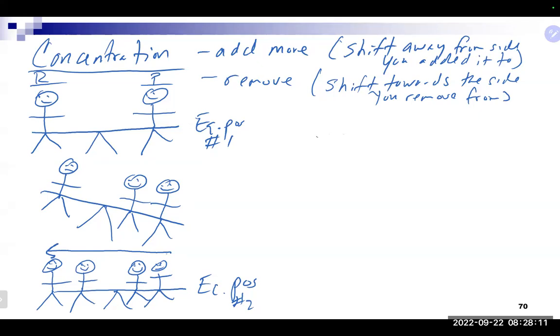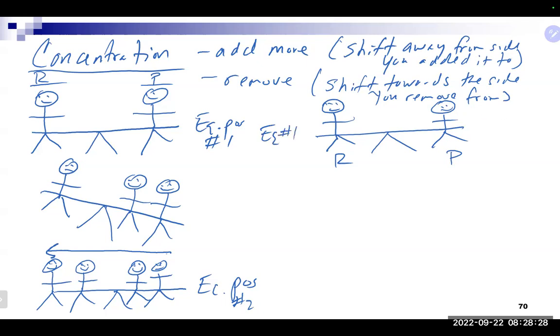Now, let's say we have the same sort of equilibrium happening here. Once again, this is our reactant side, this is our product side, and we're at equilibrium number one here. This guy decides I'm going to hop off, so we're going to remove that side.